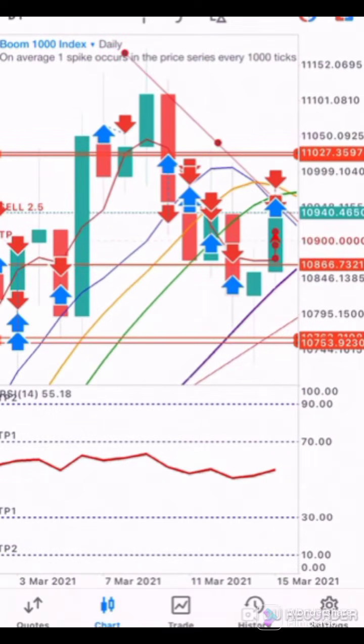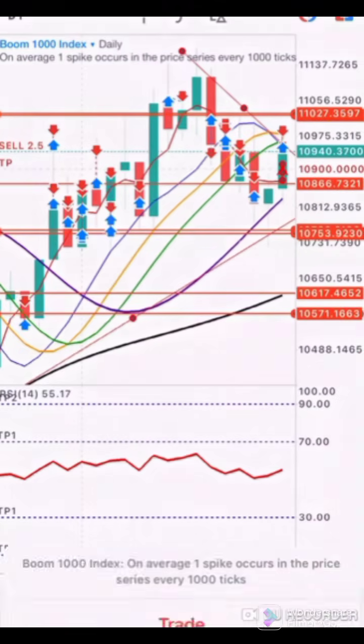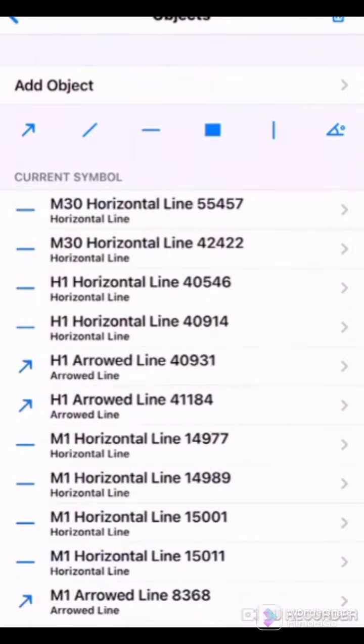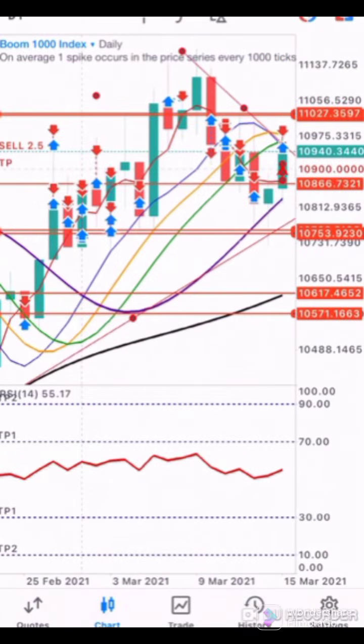Look at it here. You see all these bearish candles, even though the market got a rejection from this point.